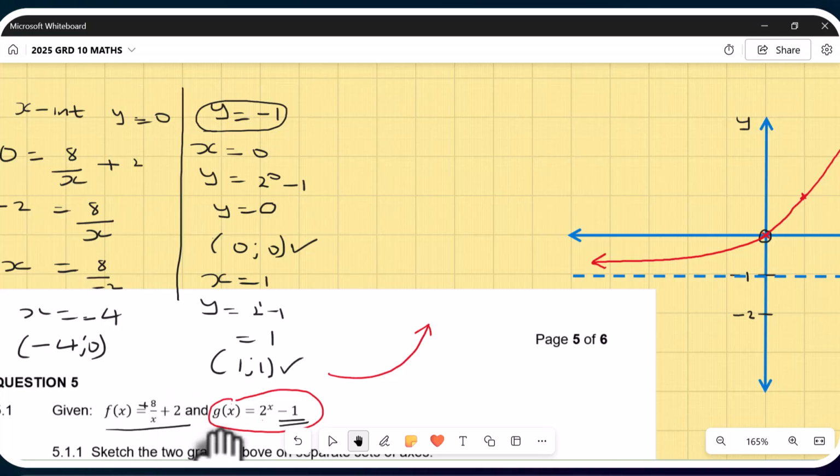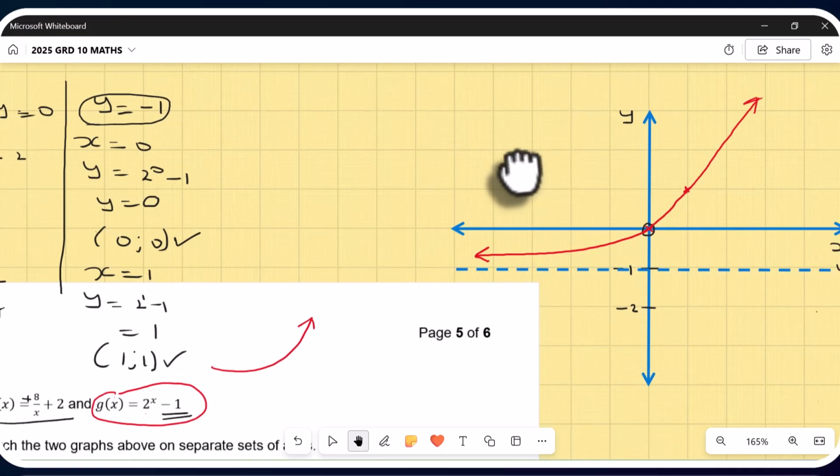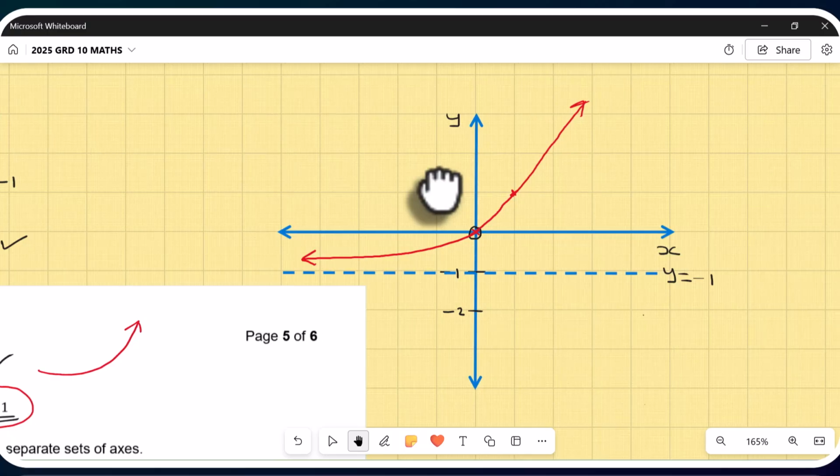Okay, so let's continue here. They say: determine the equation of the axis of symmetry of f with positive gradient. Thank you so much. Now here, I'm going to do it like this to explain to you.